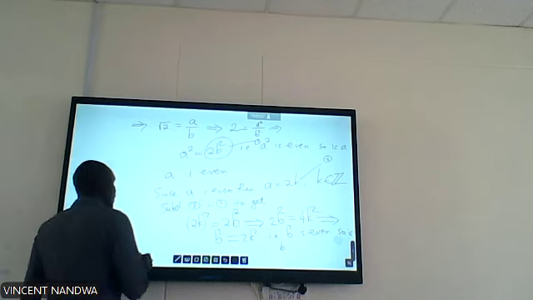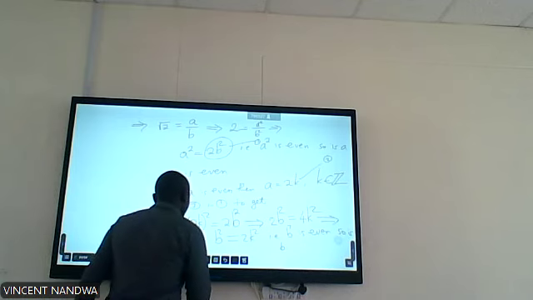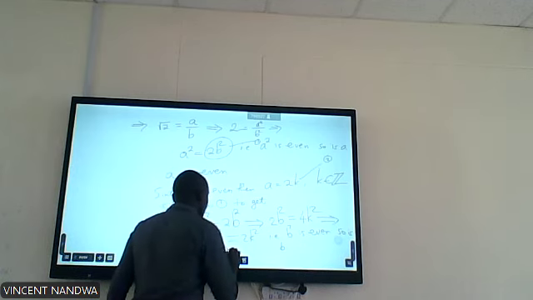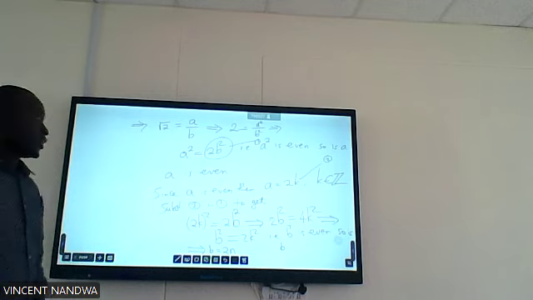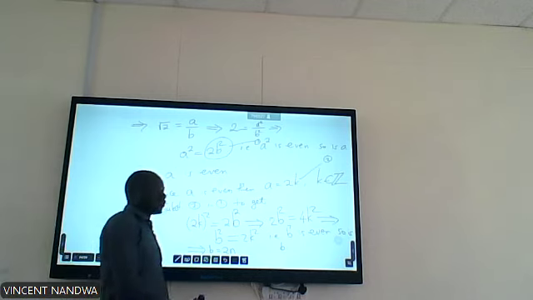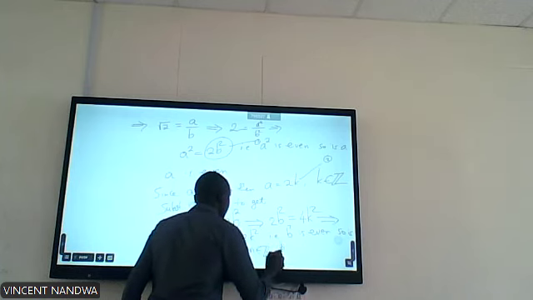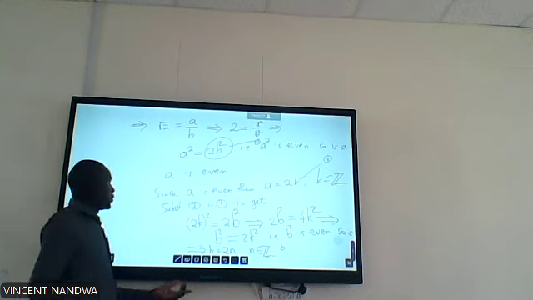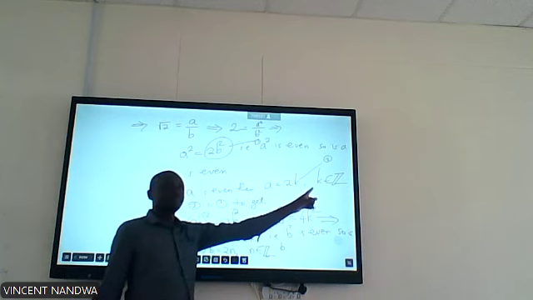So now this means that b can be written as, say, 2n, 2 times another integer. So this n is another integer. Then b is 2n, a is 2k.